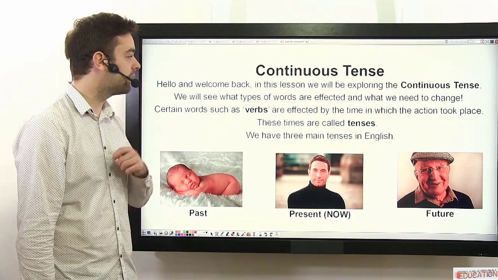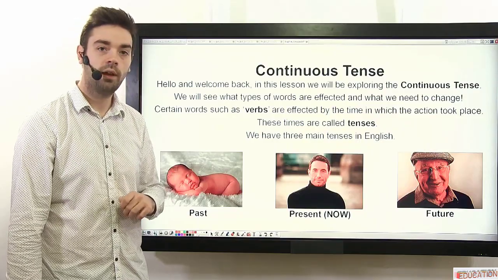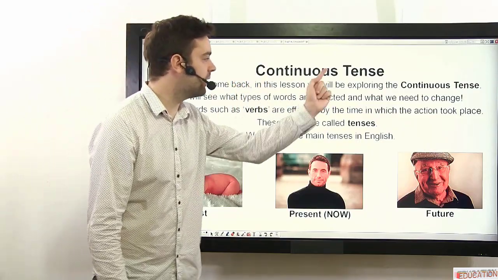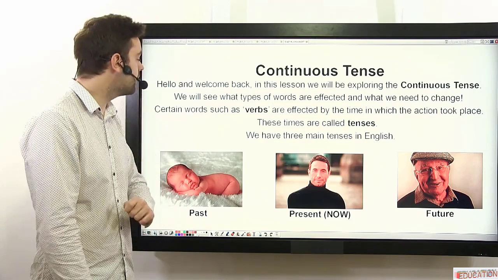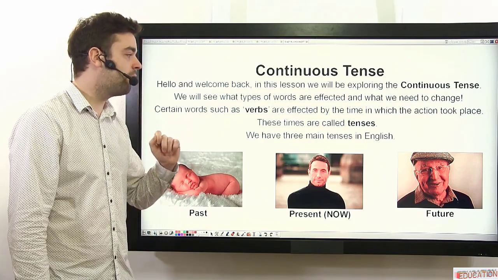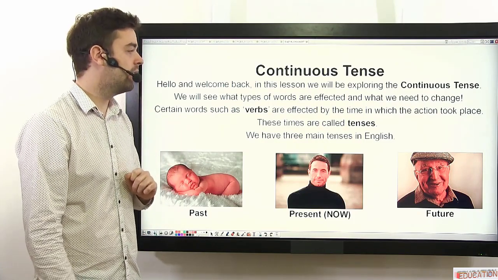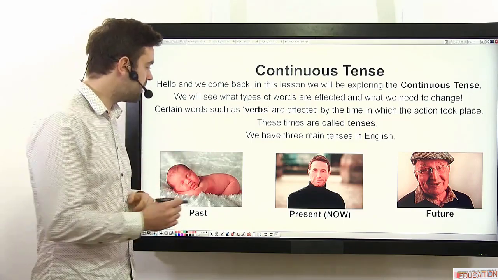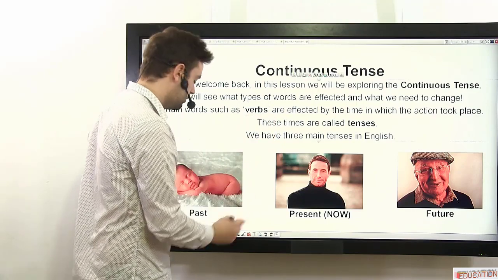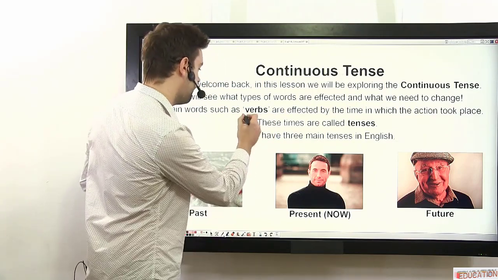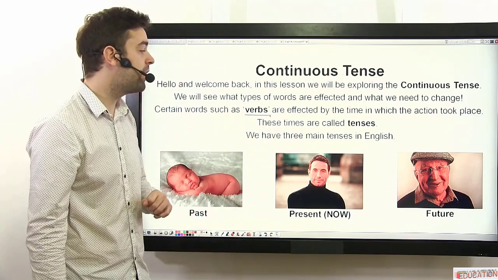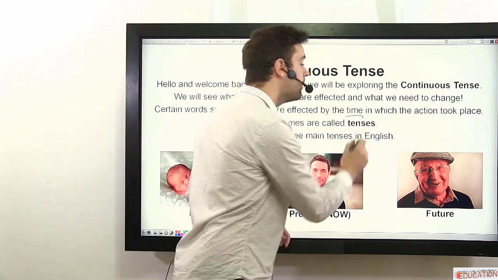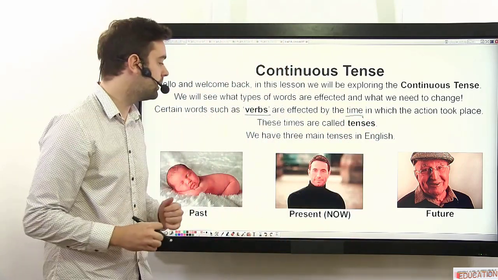Hello and welcome back. In this lesson, we will be exploring the continuous tense. We will see what type of words are affected and what we need to change. Certain words, such as verbs, are affected by the time in which the action took place.